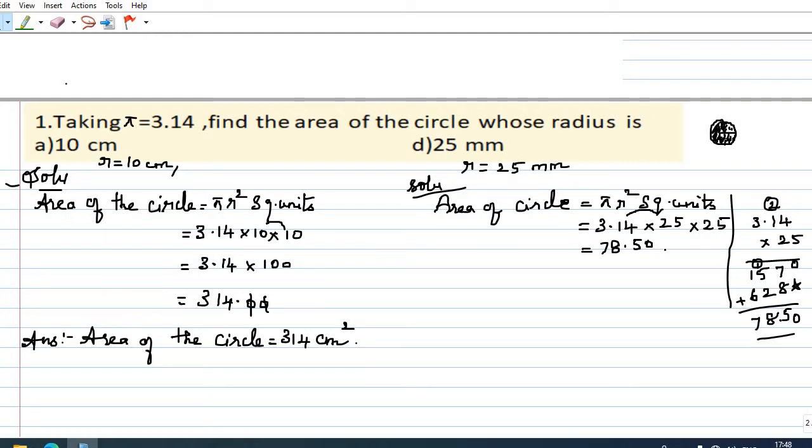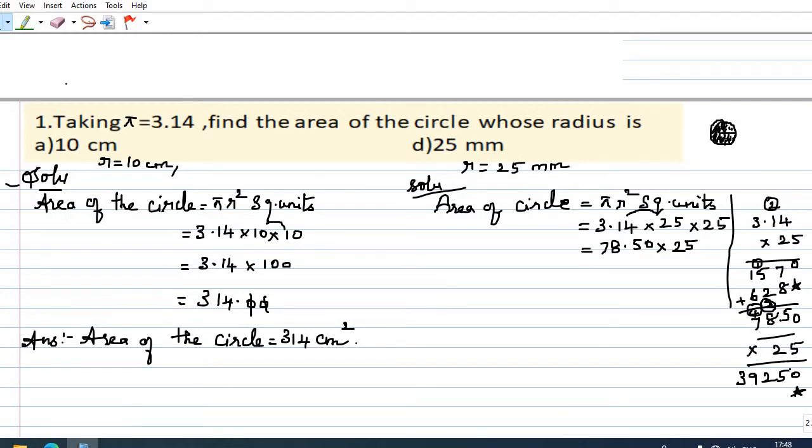When I multiply this, I get 78.50. Again I am going to multiply with what? 25. So one more 25 I am going to multiply. Same 0. 5 5s are 25. 2 carry over. 5 8s are 40. 40 plus 2 is what? 42. So 4 carry over. 5 7s are 35. 35 plus 4 is what? 39.